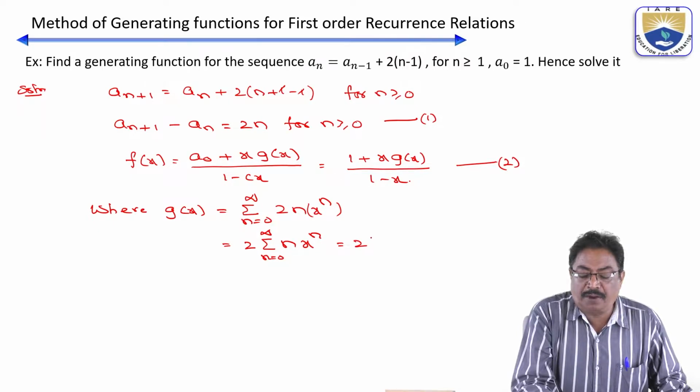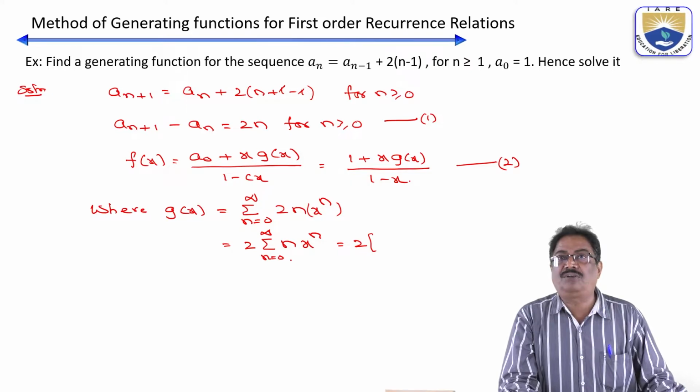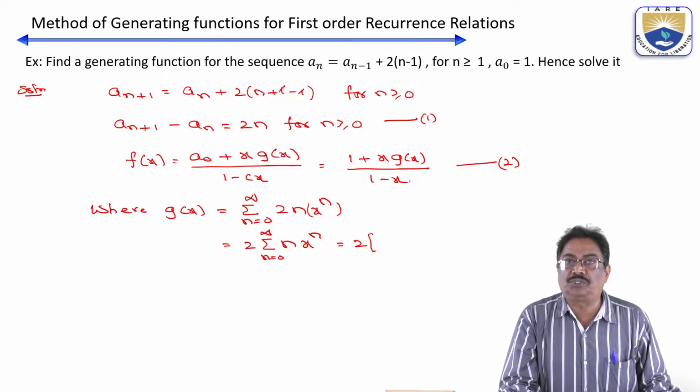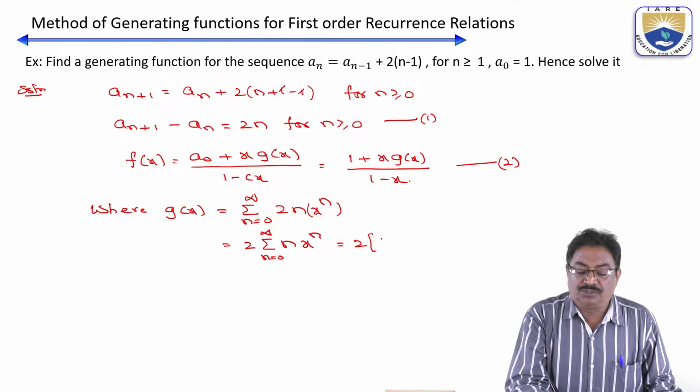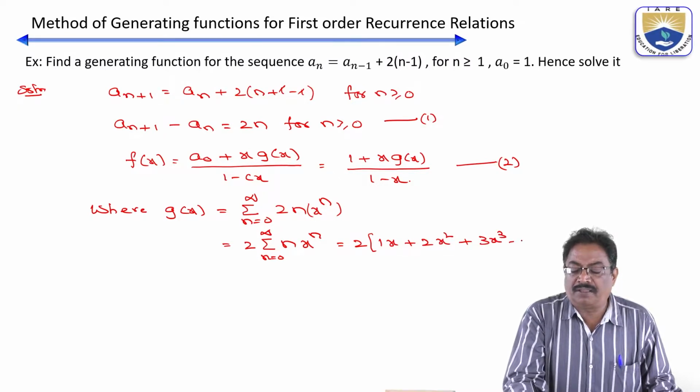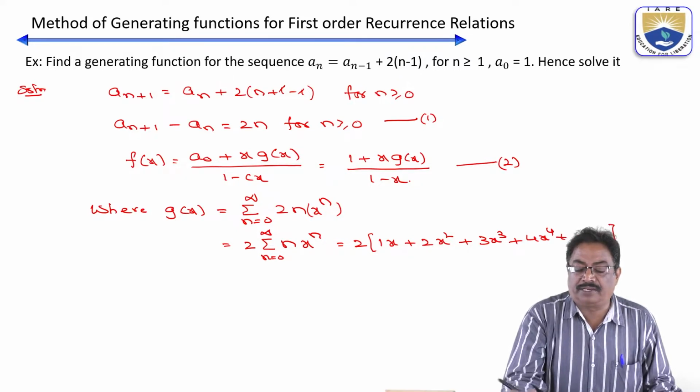Then I am going to expand this by taking n is equals to 0, 1, 2 and so on. For n is equals to 0, this will become 0. So n is equals to 1, so it is 1 into x plus 2 into x square plus 3 into x cubed plus 4 into x power 4 plus and so on I am going to get.